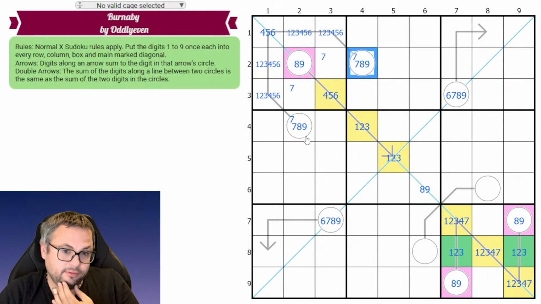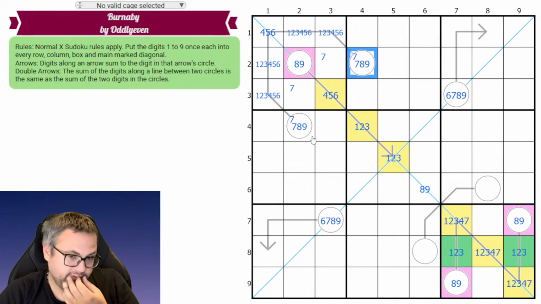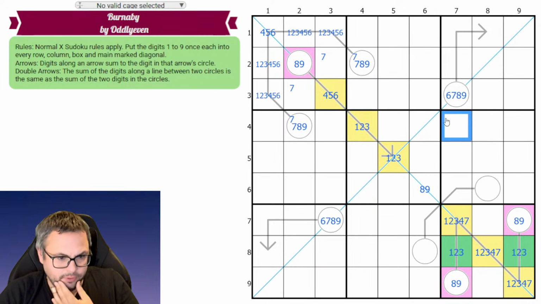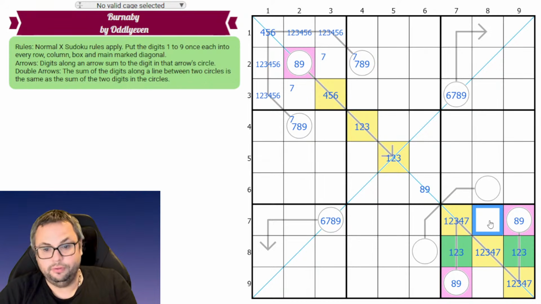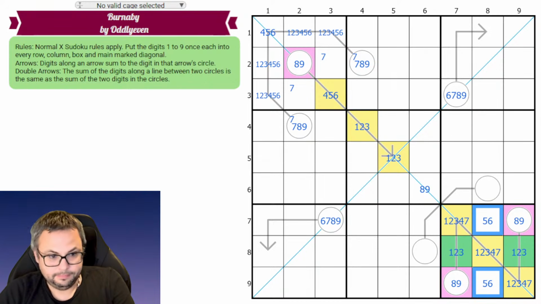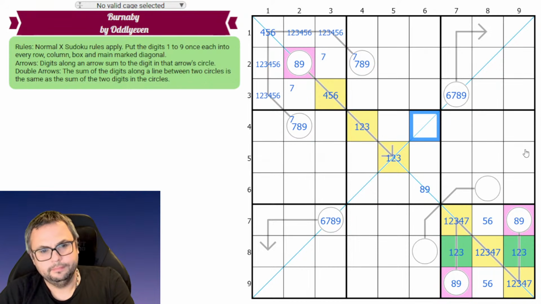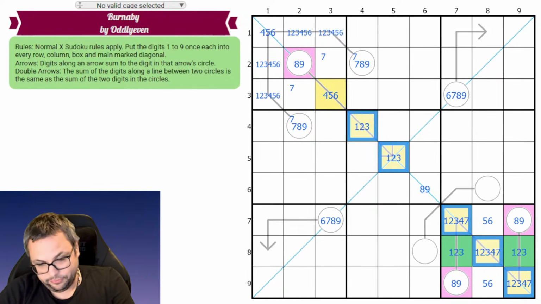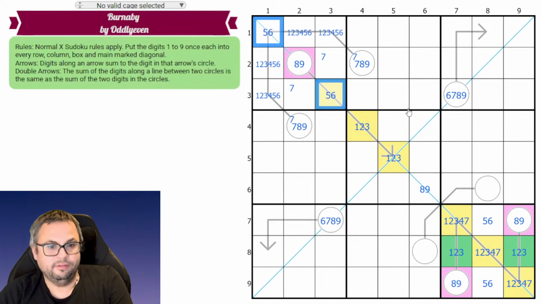So these are now either 7, 9 or 7, 8. Is 7, 8 still possible? That's true. These are a 5, 6 pair. Oh, and now we've got a 5, 6 pair on the diagonal as well, because none of these are this. So these are a 5, 6 pair.